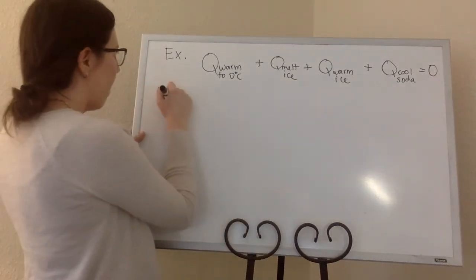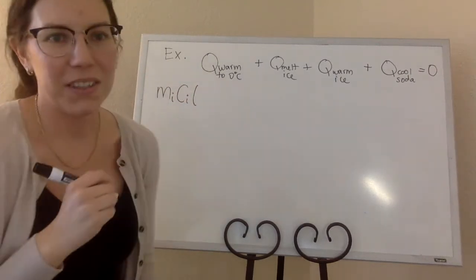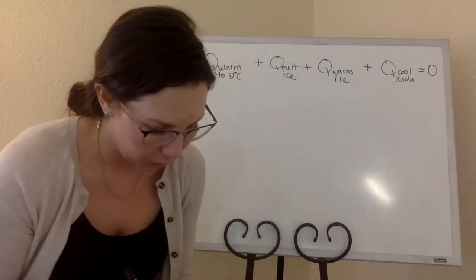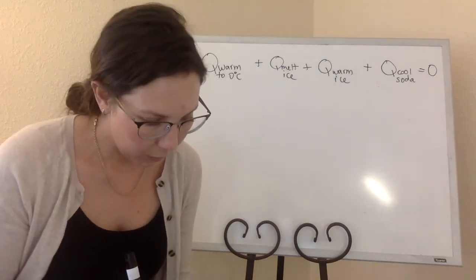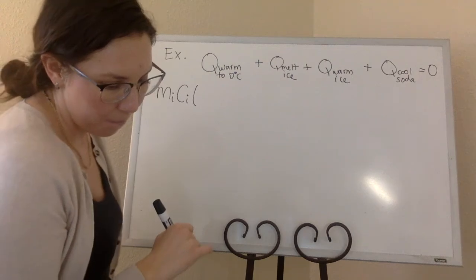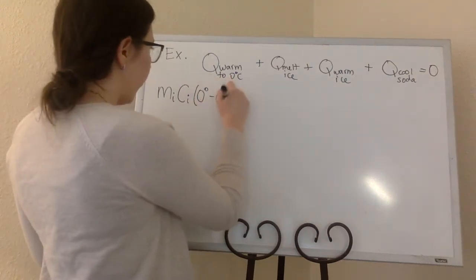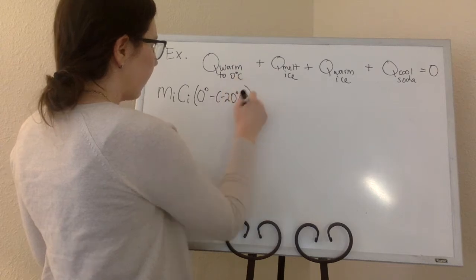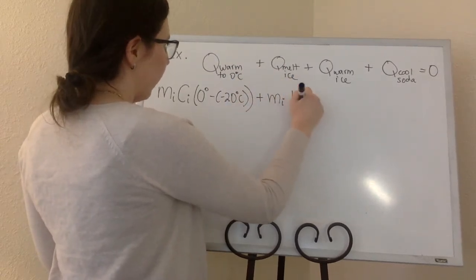We have M for the ice, C ice. I think putting in the temperatures here saves a bit of confusion with subscripts, so I will continue to do that. So our ice was going to 0 degrees from -20 again, plus the mass of the ice times the latent heat of fusion.